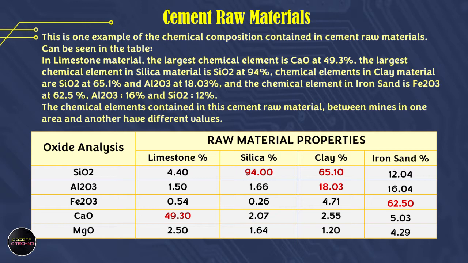And the chemical element in iron sand is Fe2O3 at 62.5%, Al2O3 is 16%, and SiO2 is 12%.